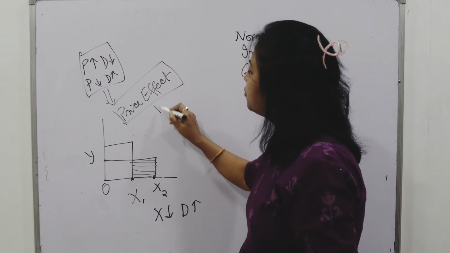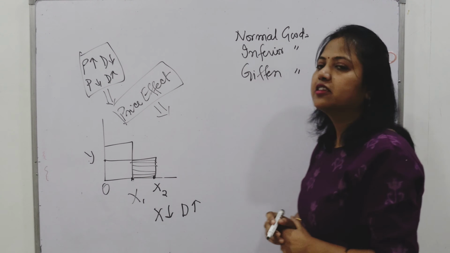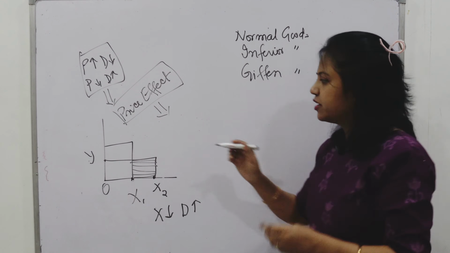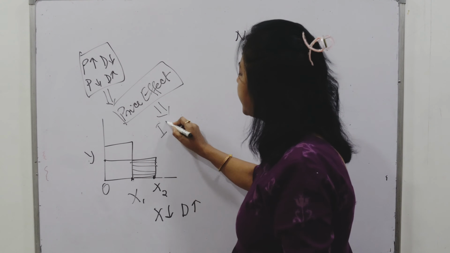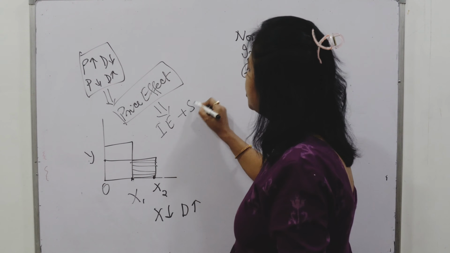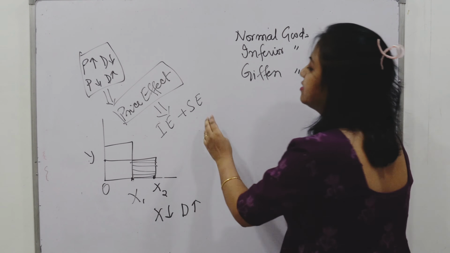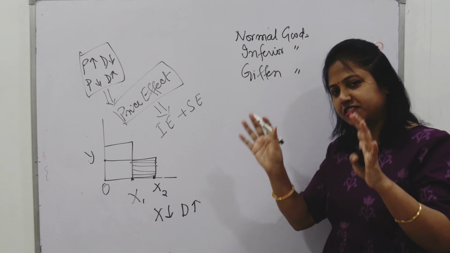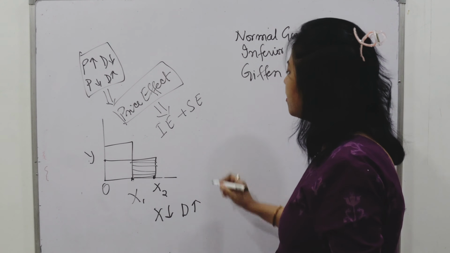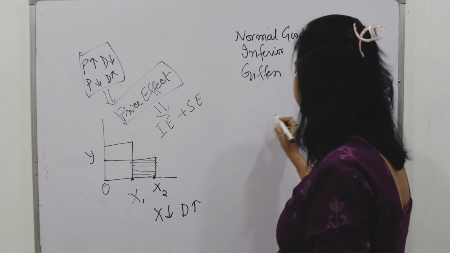The third thing that we have to understand is that the price effect can be broken down into income effect and the substitution effect. Let's understand what is income effect and substitution effect, though we have covered this in the previous video. Let's understand what is income effect.